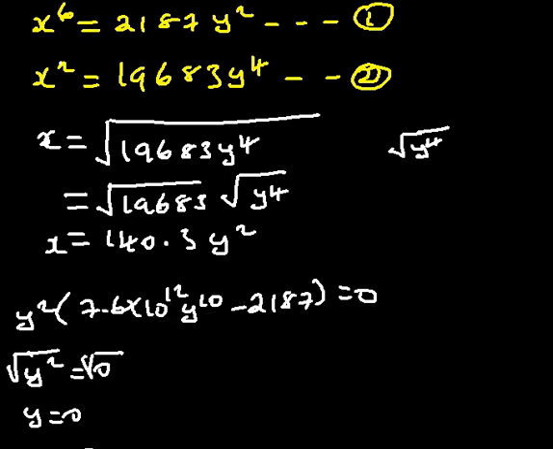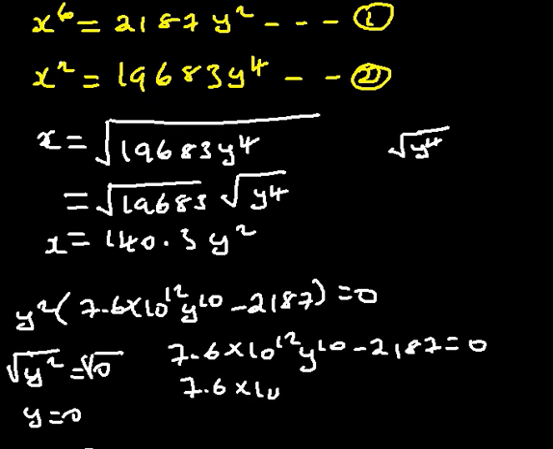Then we use the other factor: 7.6 times 10 to the power positive 12 times y to the power 10 minus 2187 is equal to 0. We transfer this to the other side. That will be 7.6 times 10 to the power 12 y to the power 10 equal to positive 2187.